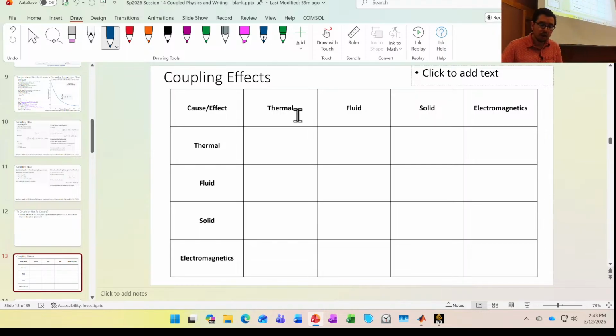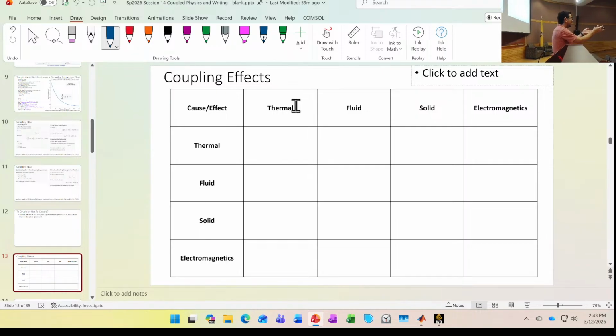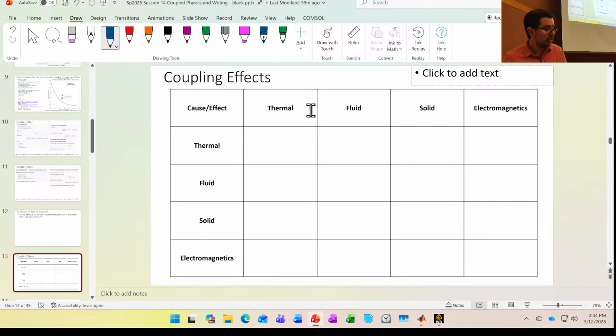How do thermal physics affect thermal physics? Sure, let's go over here. What do you think? How do thermal physics affect thermal physics?